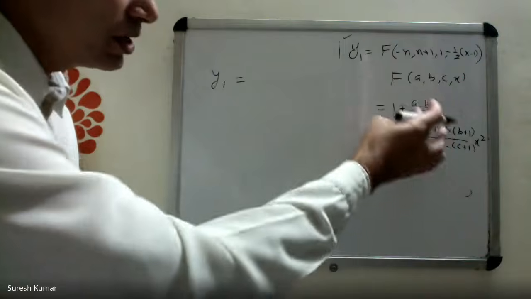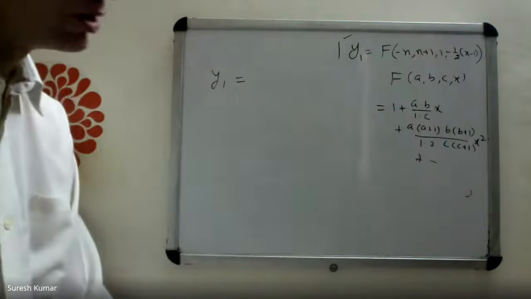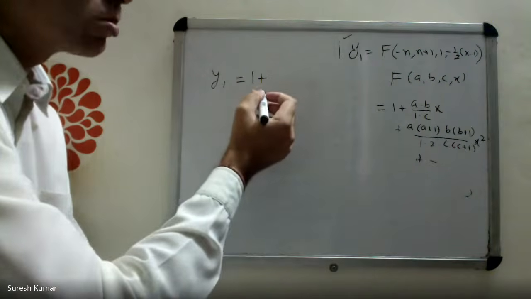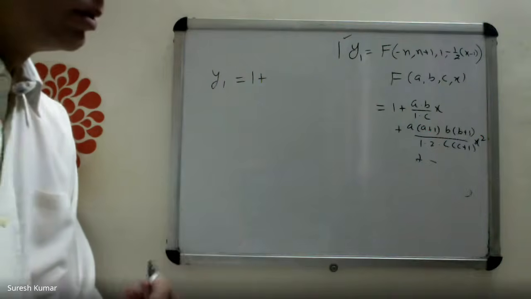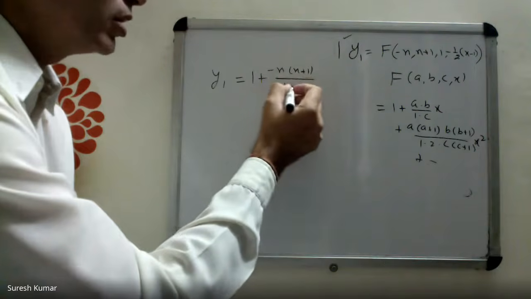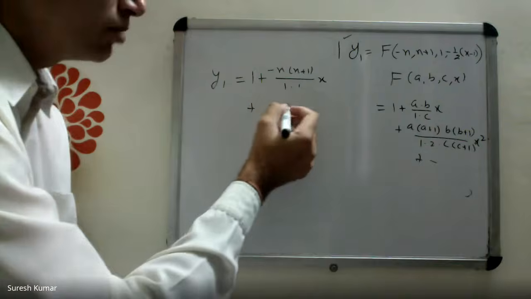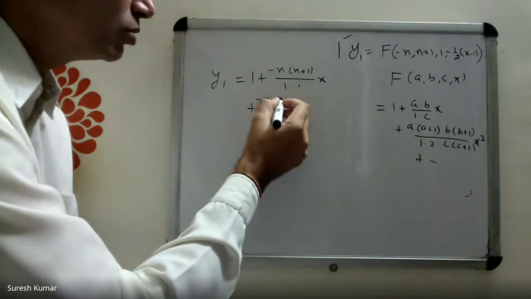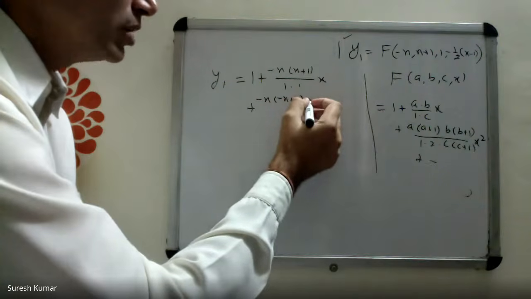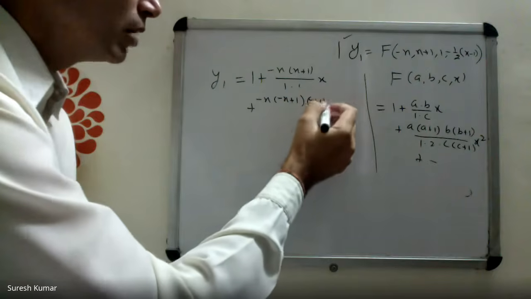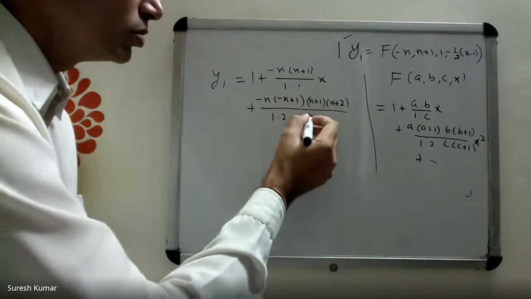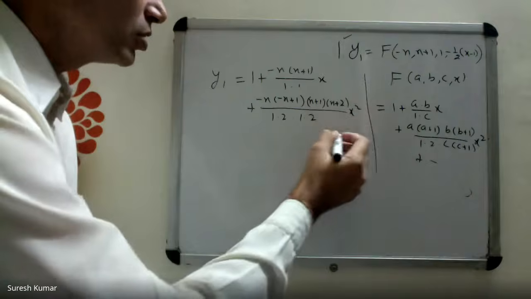So just you have to replace here a by minus n, b by n plus 1, and c by 1. So what we get? You get 1 plus (minus n into n plus 1) over (1 into 1) into t, plus, I want to write one more term, (minus n into minus n plus 1) into (n plus 1)(n plus 2) over (1 into 2)(1 into 2) and then t squared, plus and so on.